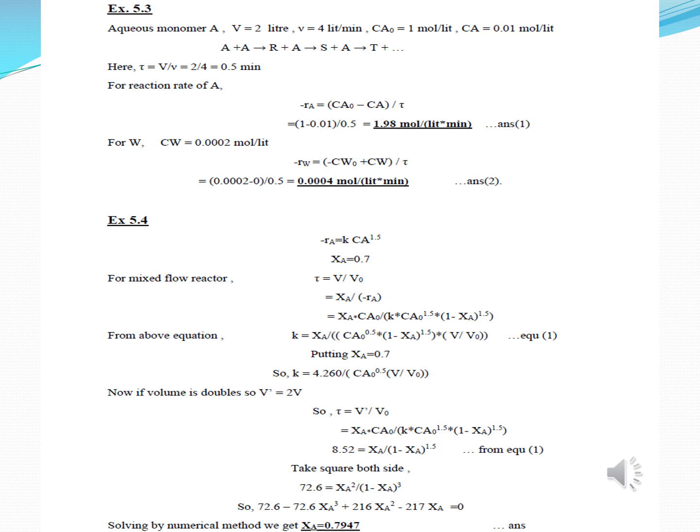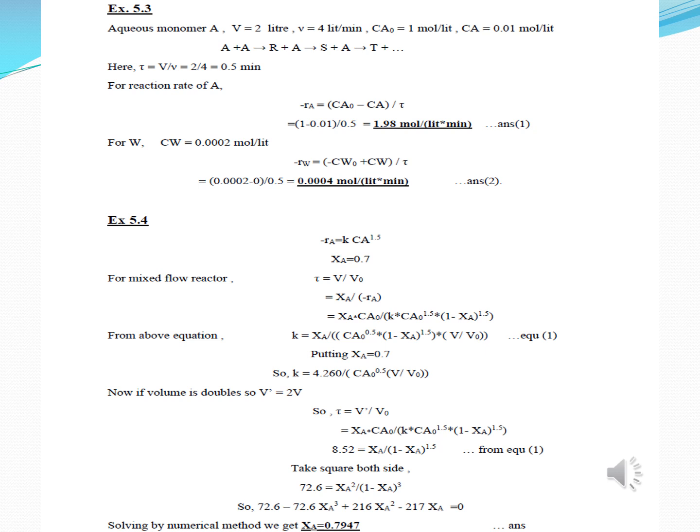It's a simple relation, you just put the values. 1 minus 0.01 divided by 0.5 gives you 1.98. So the rate of reaction with respect to A is 1.98 moles per liter per minute. Now move on to the rate of reaction with respect to W, which is a product, and its initial concentration Cw naught is 0, and Cw is given as 0.0002 moles per liter, a very low concentration.